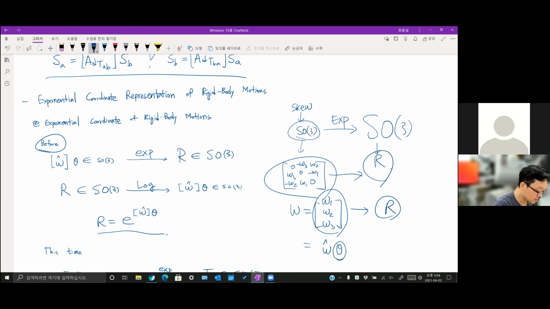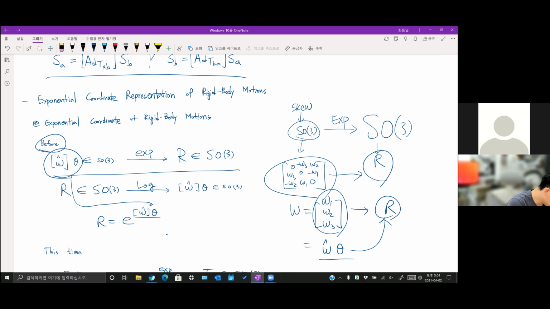If there is some rotation angle, multiplying time t, this becomes theta. Then we can find this kind of rotation matrix. So we learned about this one. This component becomes here, and using exponential, we can describe the rotation matrix R like this shape.